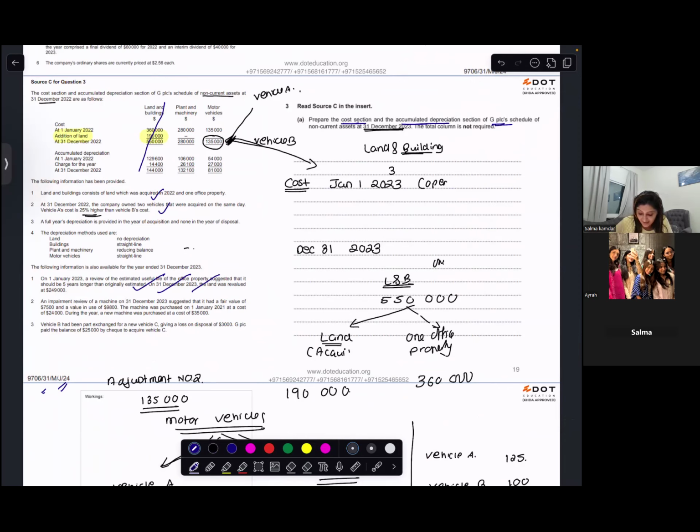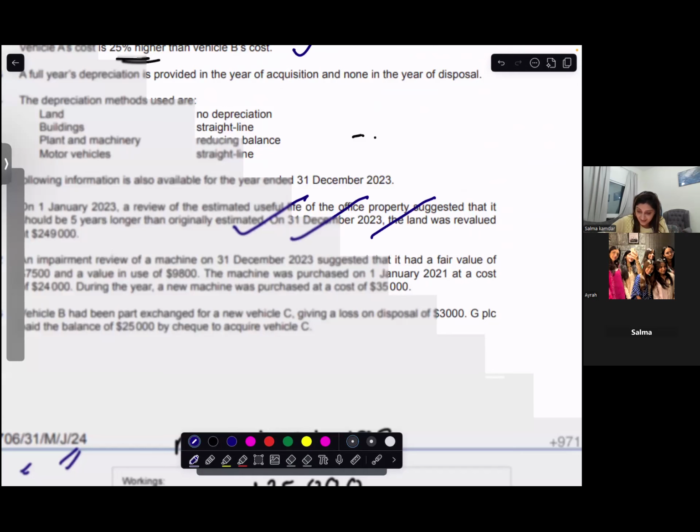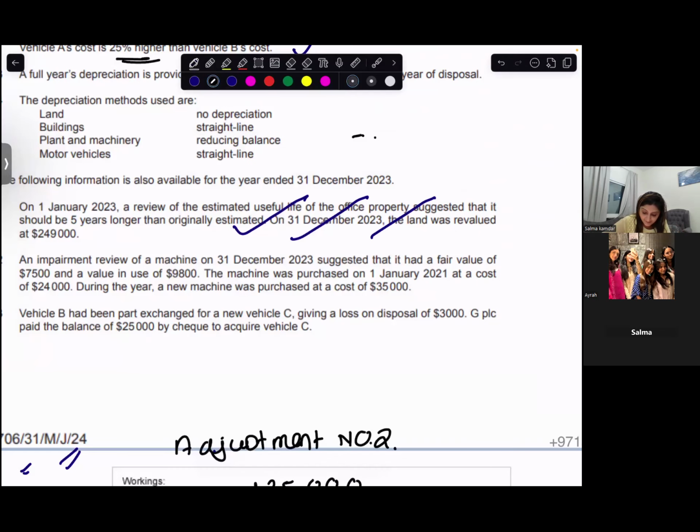Now it is something related to plant and machinery. If you are reading it properly, there is something related to impairment, something related to a purchase of machinery, and nothing related to disposal.